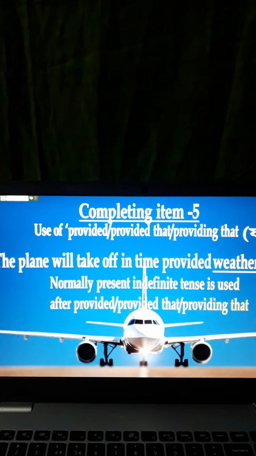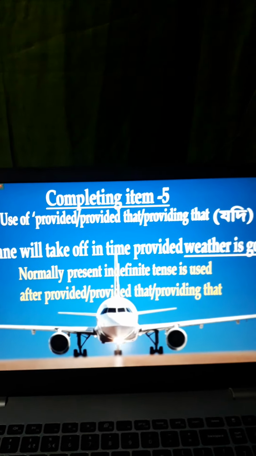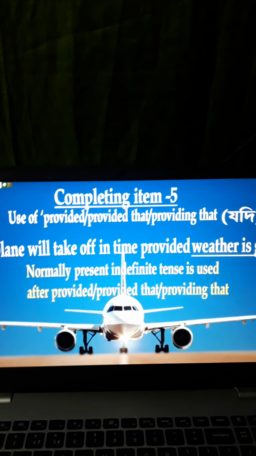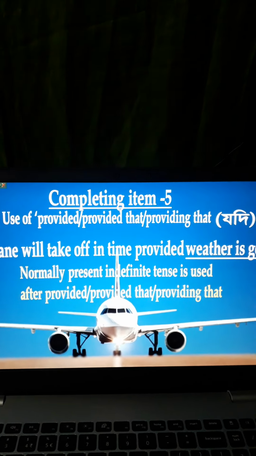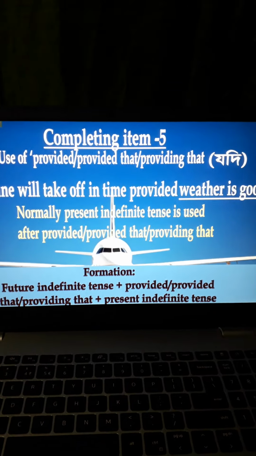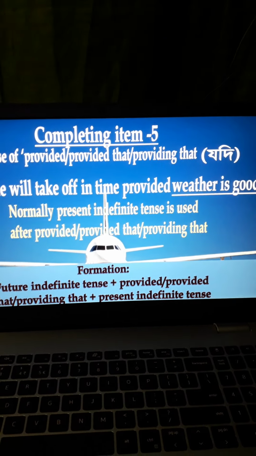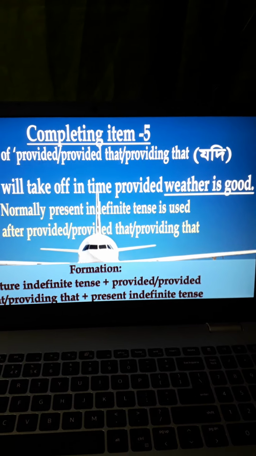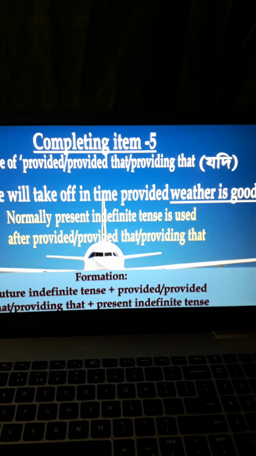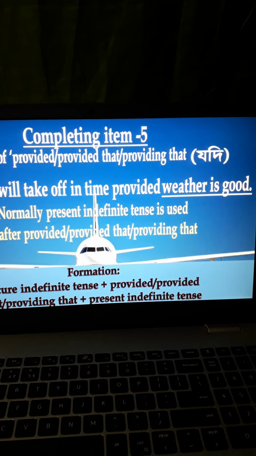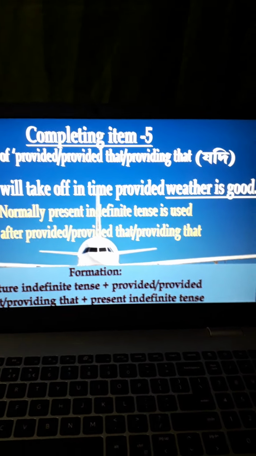Normally, present indefinite tense is used after provided or provided that or providing that. Formation: future indefinite tense plus provided or provided that or providing that plus present indefinite tense.